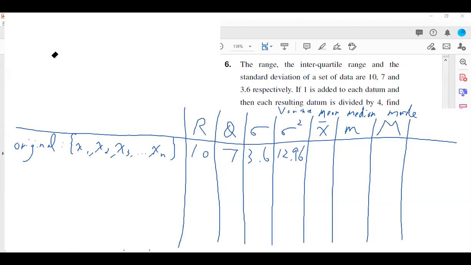And then 嗱呢度咧個 mean median 同埋 mode 咧題目冇俾到嘅，因為佢冇問啊嘛，係嘛？咁我哋當係 x bar small m and capital M first.